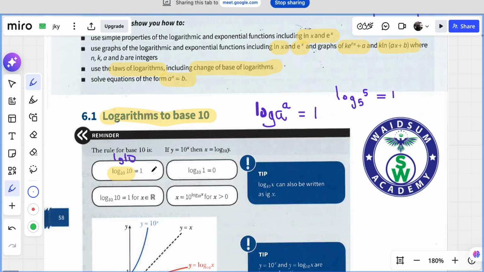Remember the graph when we did it in ordinary maths chapter 18? If you plot the graph of an exponential function, it will look like this. It will be an increasing curve.